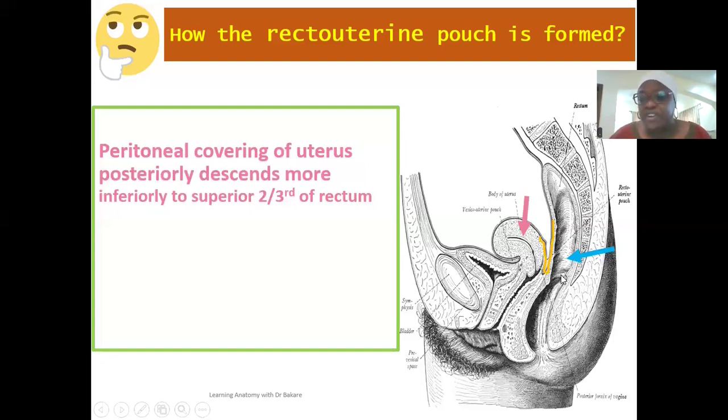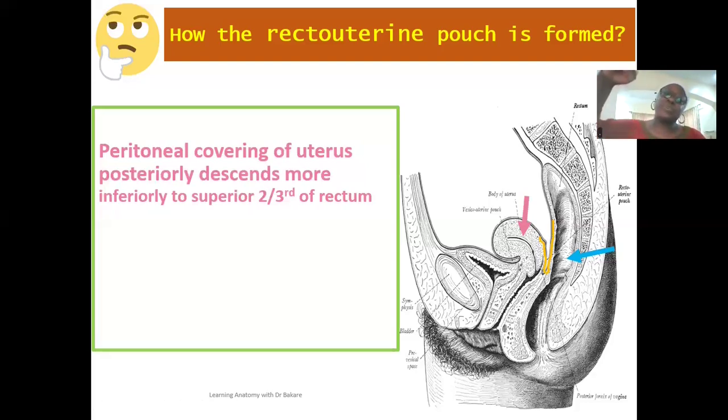So if you go more inferiorly, where you then have the inferior third, the inferior third is not seen with peritoneal covering. And if you look at this image, you see that the peritoneal covering actually does not extend down to the inferior one-third. This is where the peritoneal covering comes from the posterior surface of the uterus down to the fornix of the vaginal canal, back over the anterior surface of the rectum at the level of its superior two-thirds.